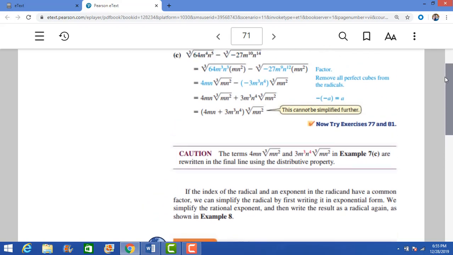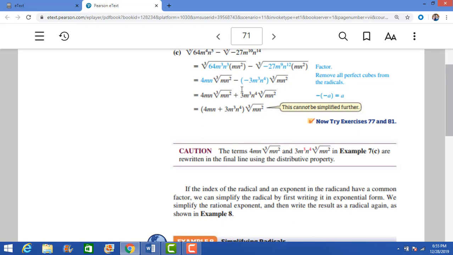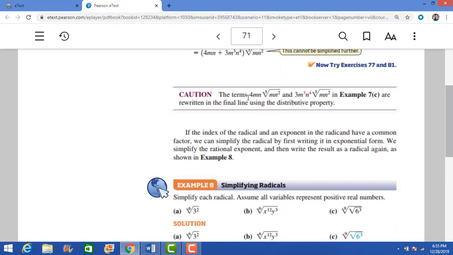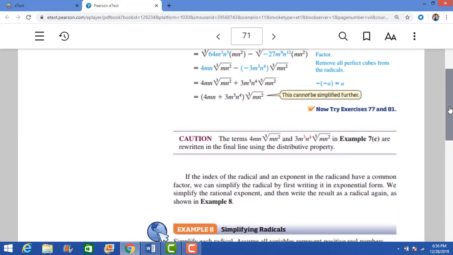So just be careful. We use the distributive property when we use this and this in example 7c. Again, these are common mistakes that students make, so be careful that you don't make mistakes where you can avoid them.